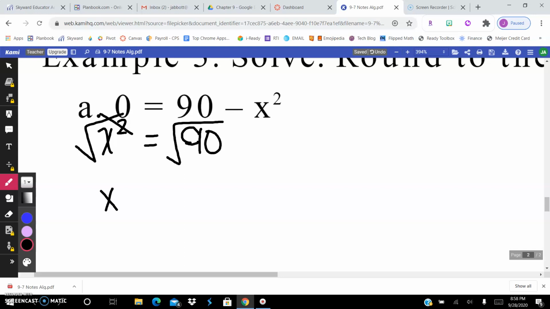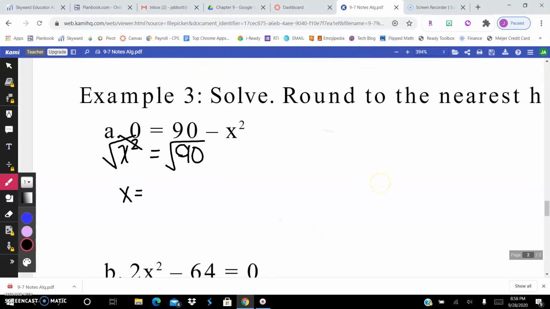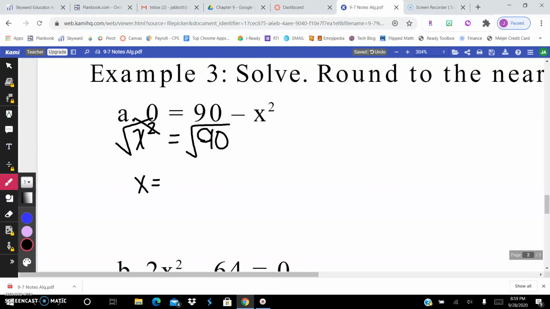That cancels, and I have x, and then I can type the square root of 90 in my calculator. And if I do that, I get 9.486, and the directions say to round that to the nearest hundredth. So that 6 says round up. So it would be 9.49. And don't forget your positive or negative sign.